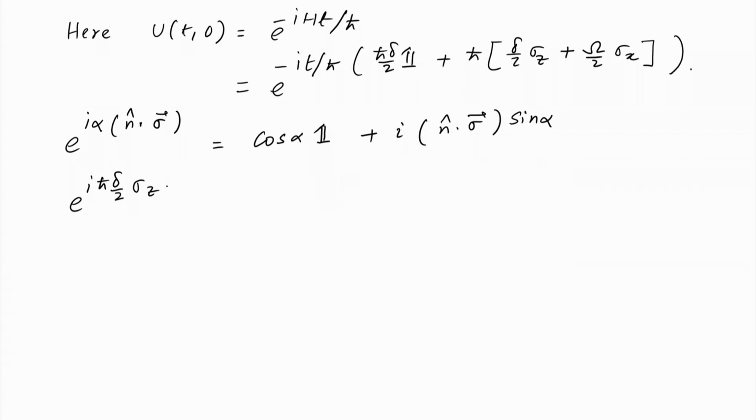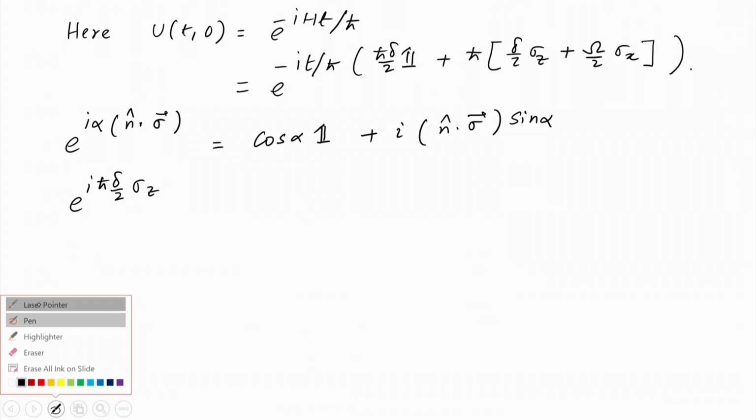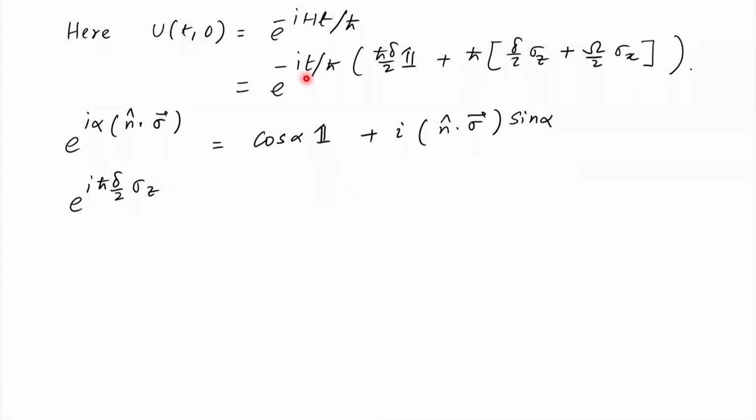So, I am taking the term that is here. So, there is a minus i t by h cross, that is the factor that is outside, and then there is h cross delta by 2 and then there is a sigma z.